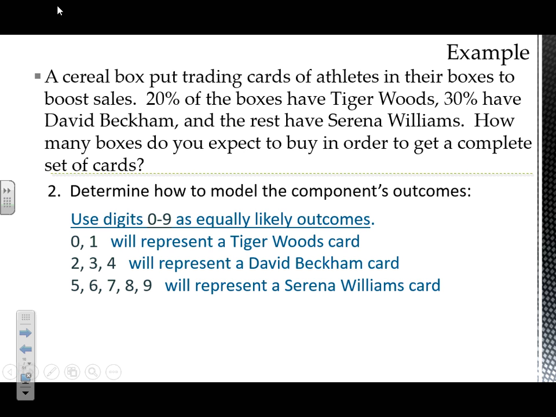For that matter, I could have just as easily said, go from 00 to 99. So 00 to 19 would give me my first 20 numbers. That would be Tiger Woods. 20 to 49 would be David Beckham. And then 50 to 99 would be Serena Williams. So I could have used 2 digits. Now, why would I choose to use 1 digit at a time as opposed to 2 in this scenario?